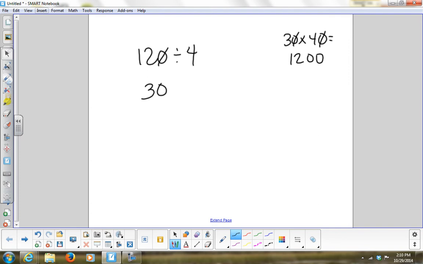It's really no different than the multiplication. It's like regular multiplication. Okay. So the basic fact is 12 divided by 4.